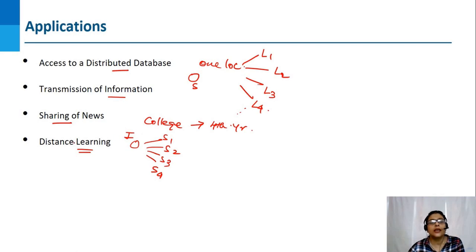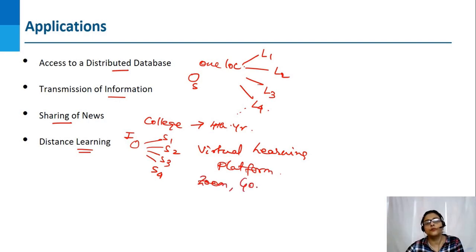So the instructor can give distance learning instruction by any of the virtual learning platforms, like Zoom or Google Meet or any other online learning platform, where the instructor gives instruction, and all the students who are logged in to that particular platform get the information.